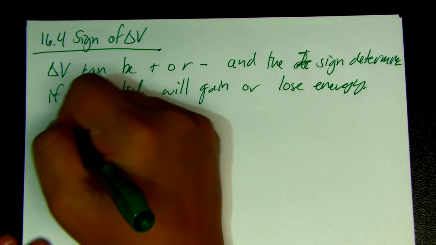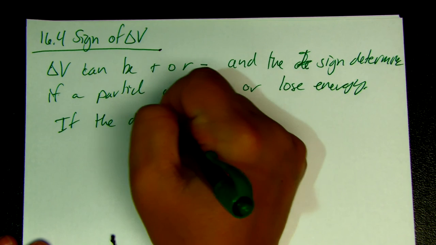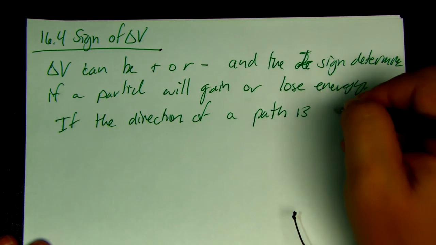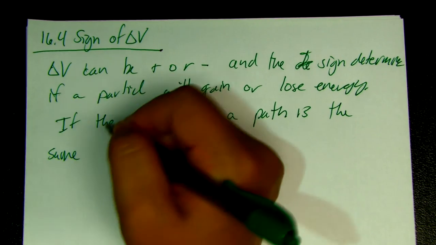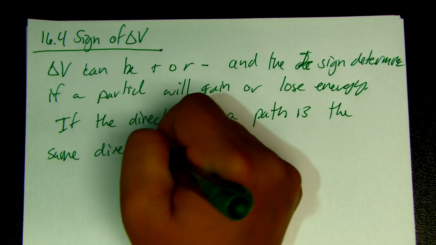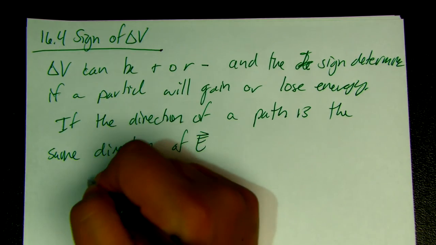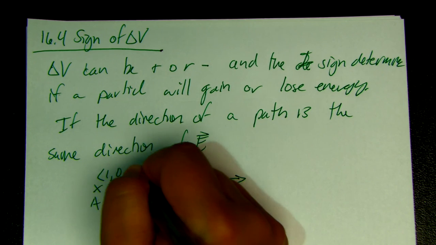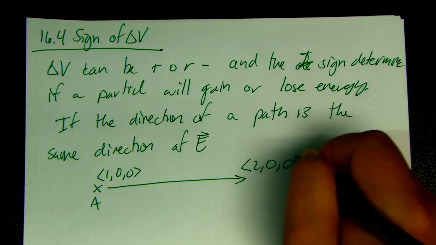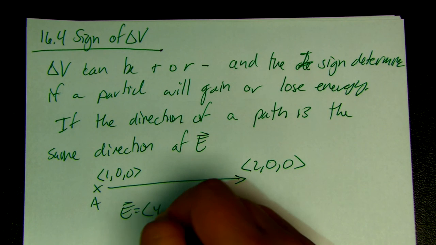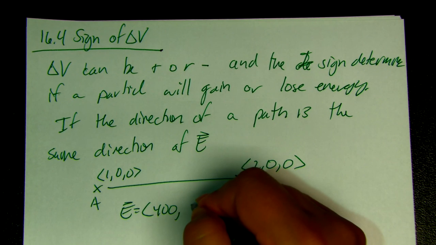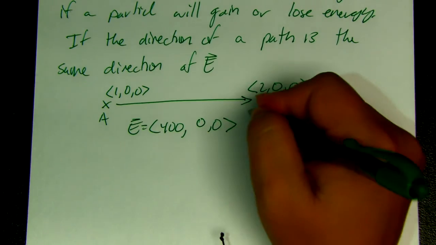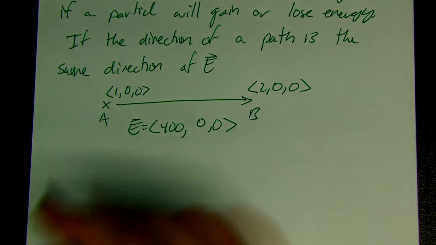All right, so if the direction of a path is the same direction of the electric field, so we've got A going to B, and in the electric field 400, 0, 0, so the electric field's going in the positive x direction, and so is our path.